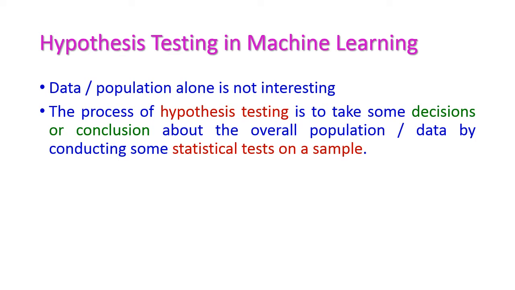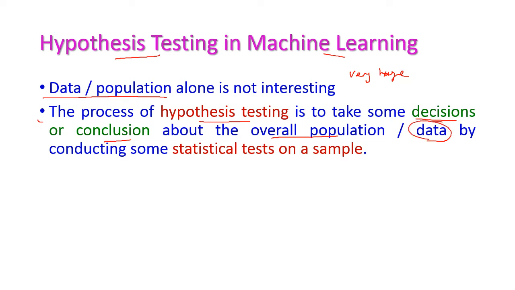Before entering into second unit, first let us see what is hypothesis testing and how it is useful in machine learning. Okay, here we are having a data or population, and the data or population size is very huge, and we are having the details of all the data. Here the process of hypothesis testing is to take some decisions or conclusions about the overall population, that is the overall data.